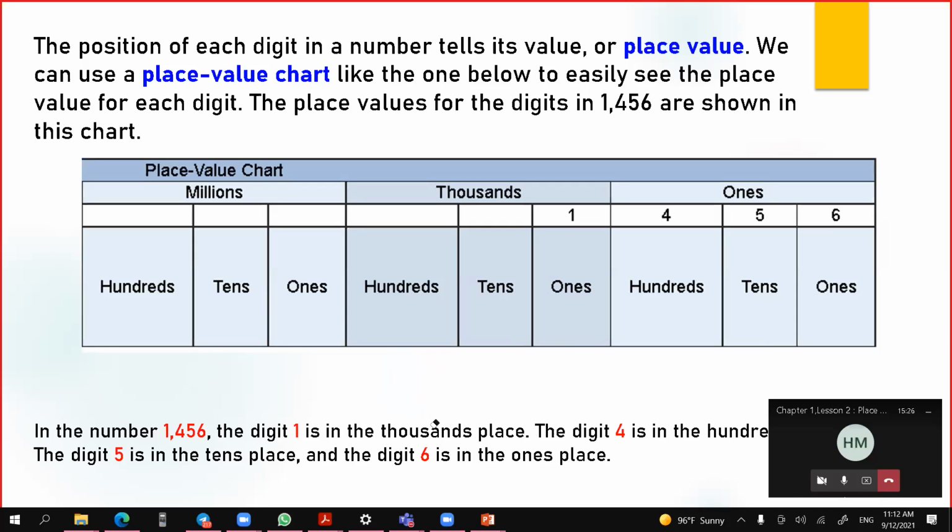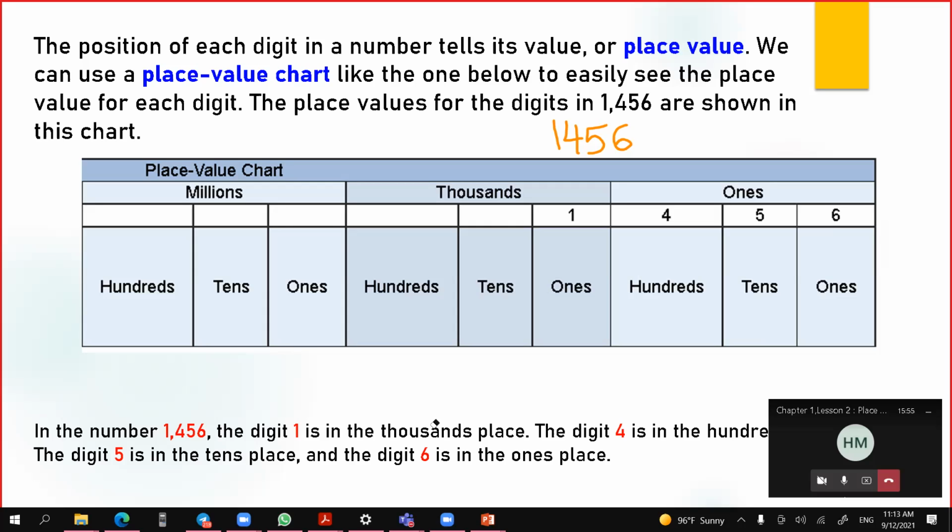Now, as I told you, here we have a number like 1,452 or 56, sorry. How many digits does this number have? 4 digits.